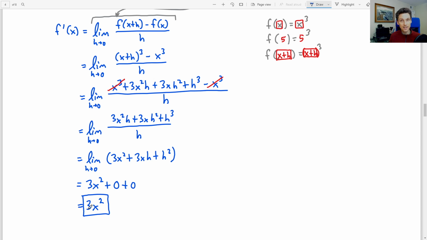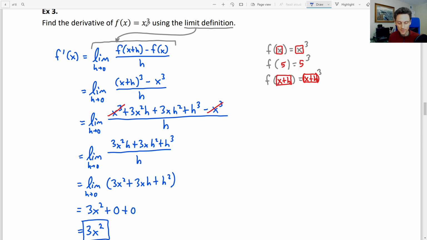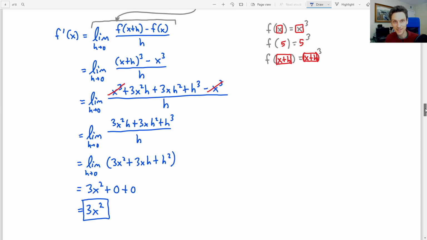The slope of the tangent line at x equals 2 would be 12. So this gives us a formula for finding the derivative, or in other words, finding the slope of the tangent line, or in other words, finding the instantaneous rate of change of our function x cubed at any given x value. And that's pretty nice, in my opinion.